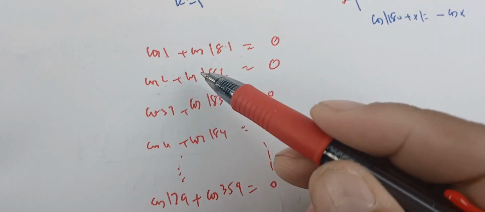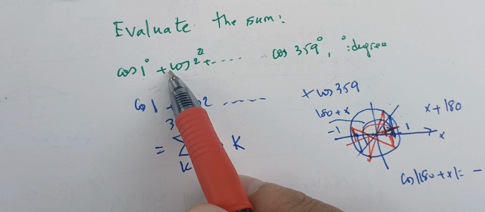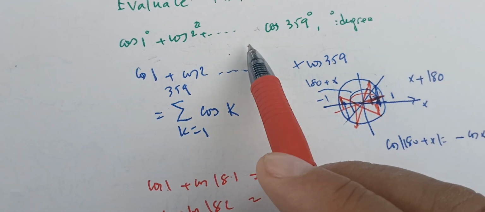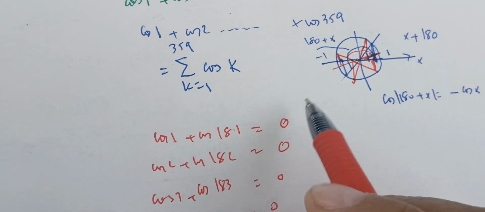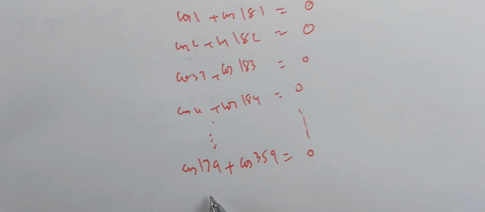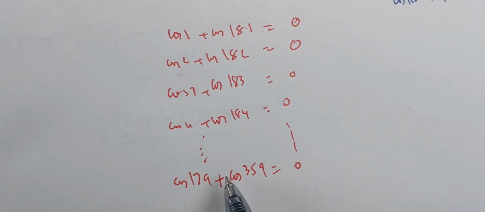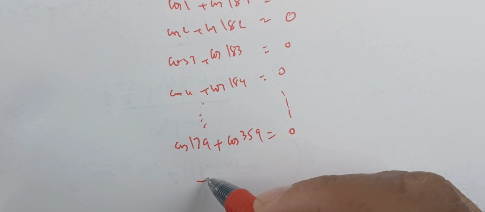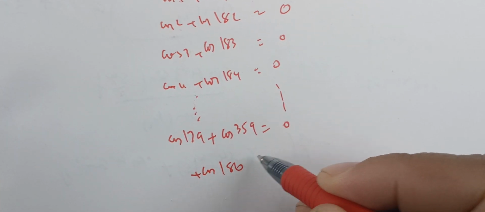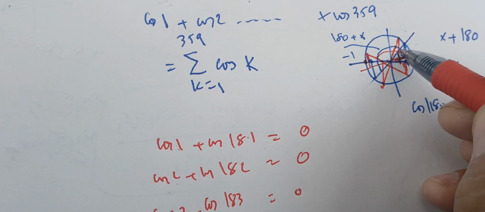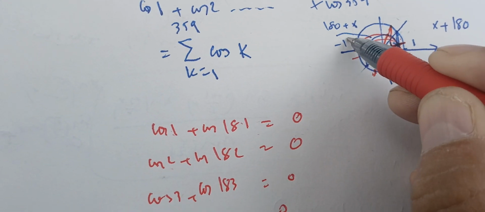But the sum I'm evaluating has one angle I missed, which is 180. I skipped 180 and I have to add it. So I need to add cosine of 180 degrees. The cosine of 180 degrees, which is pi, is -1.